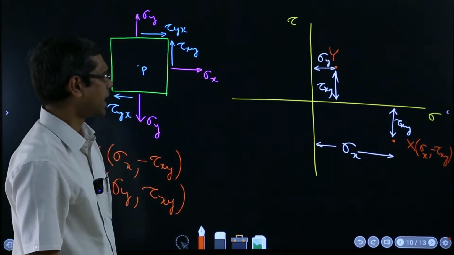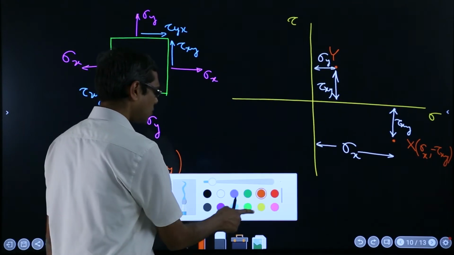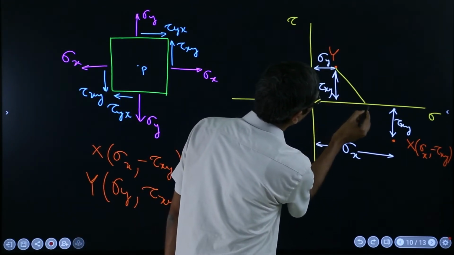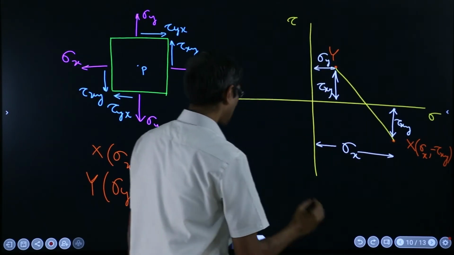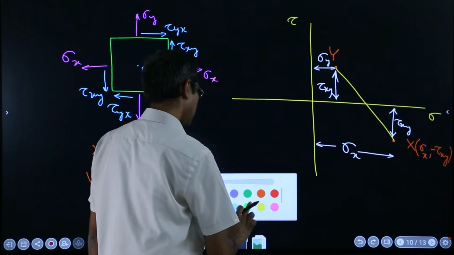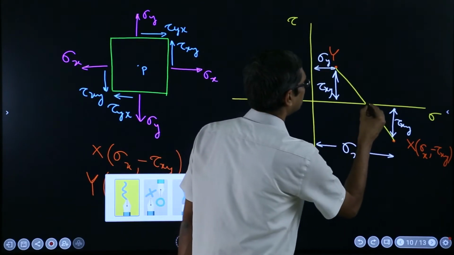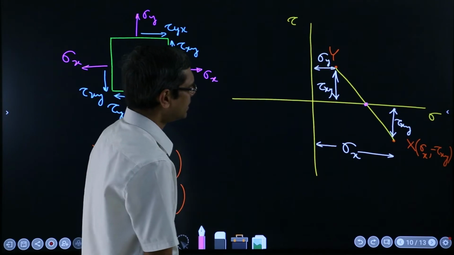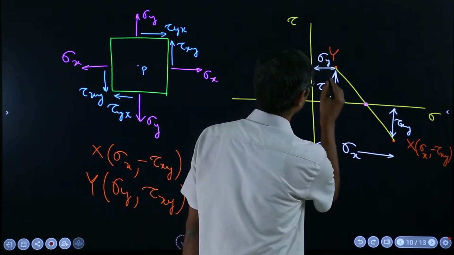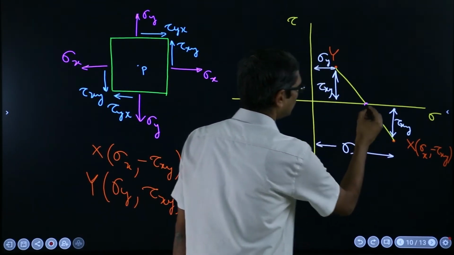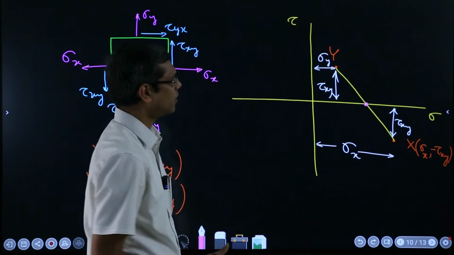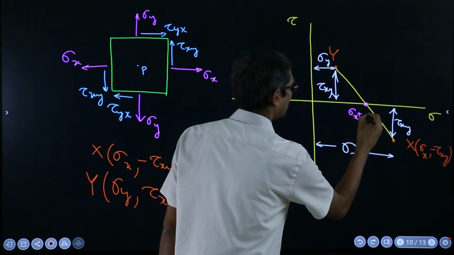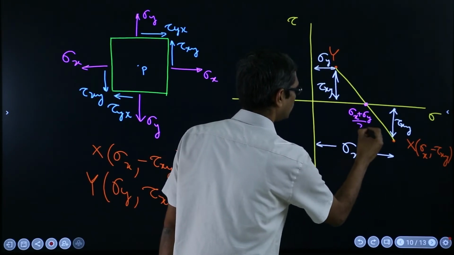As soon as you draw that, you can draw a line joining them, and then you get the center of your Mohr circle. Because this is sigma x and this is sigma y, the average of that gives this point as sigma x plus sigma y over 2.